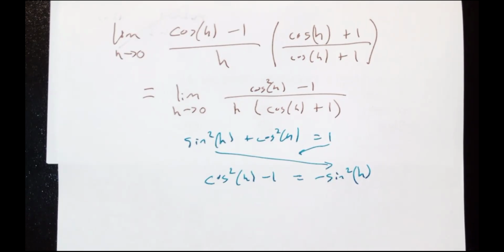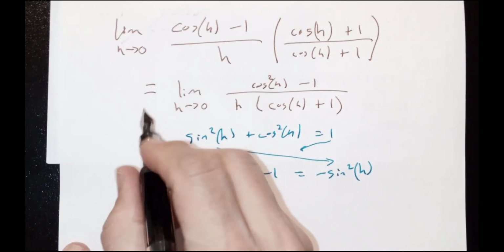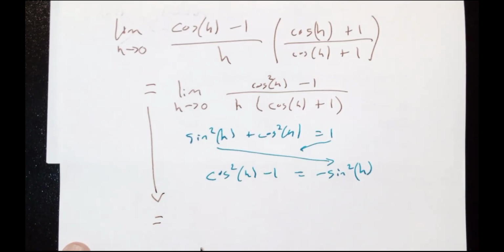So yes, I do get a sine squared, but it's a minus sine squared. So this equals the limit as h goes to 0 of minus sine squared h over h times cosine h plus 1.